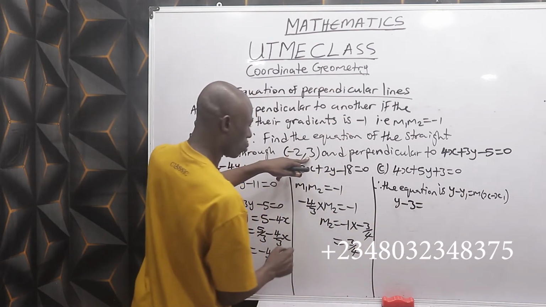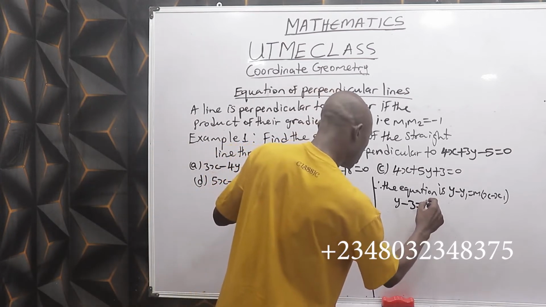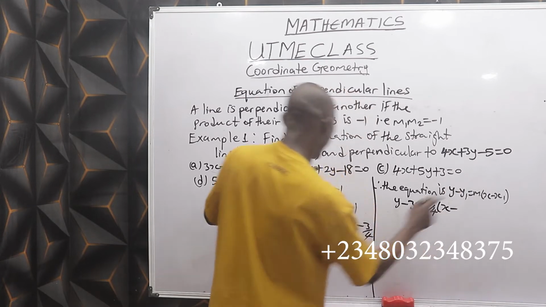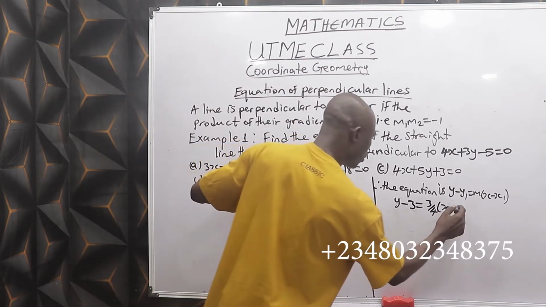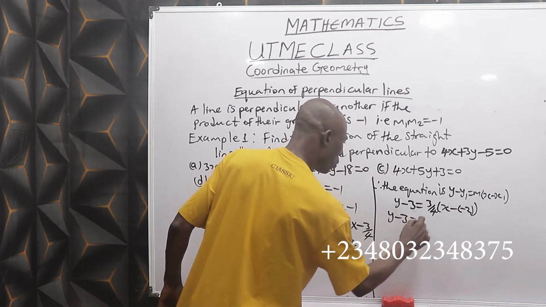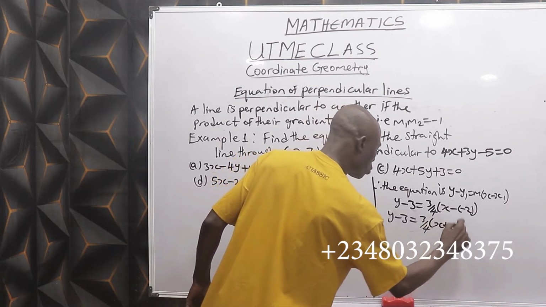This is M2, the gradient of the perpendicular. So that is 3 over 4 into x minus x1, where x1 is -2. So y minus 3 equals 3 over 4 into x plus 2.